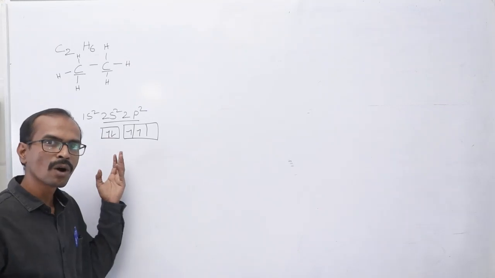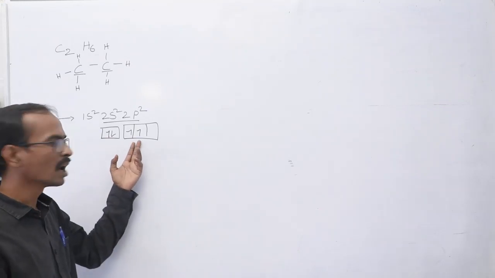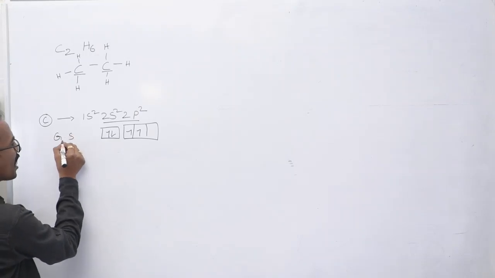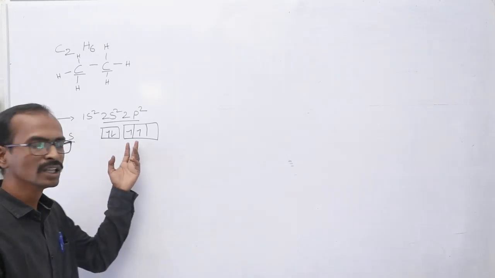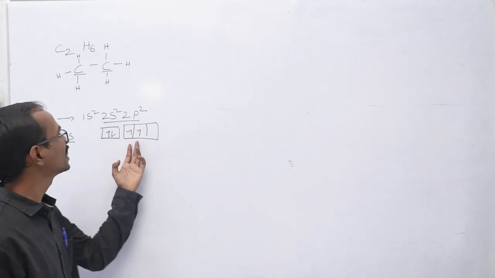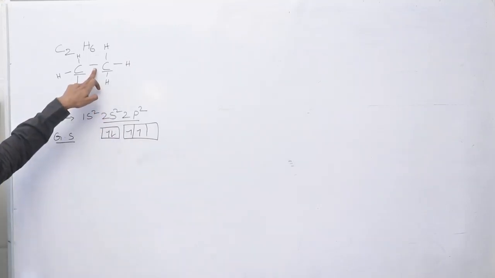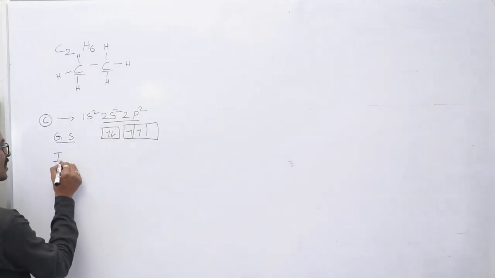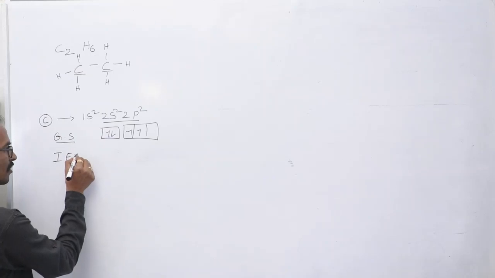So the carbon atom has only 2 unpaired electrons in the ground state, so it has the ability to form only 2 sigma bonds in the ground state. But if you look at the structure, it has 4 sigma bonds. So we have to take the first excited state electronic configuration.